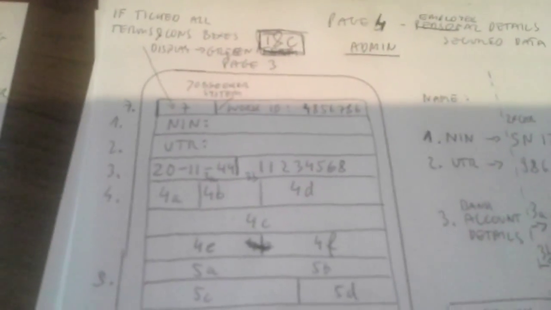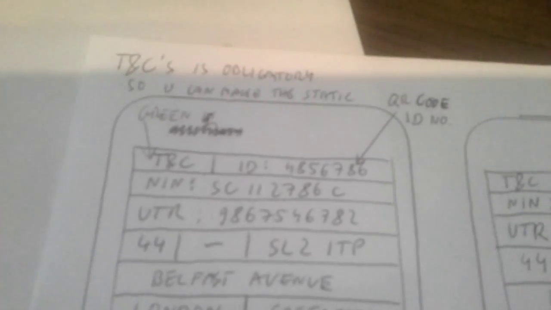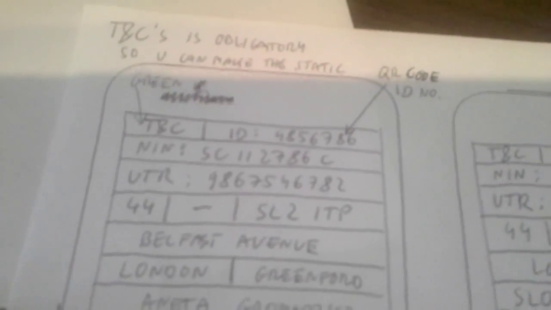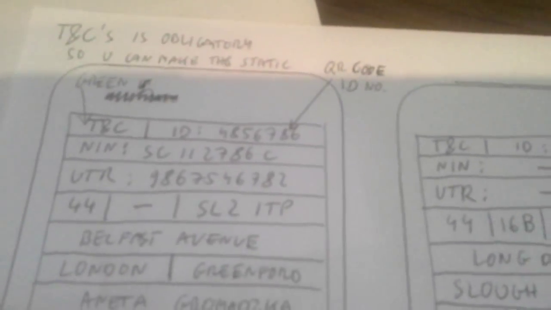Okay, so national insurance number. So this is the form field, right? You put the label, like this is field 1, so it's already filled: NI, UTR, and I forgot to put bank account, so NI, UTR, and bank account over here. Bank account in UK is sort code 201144, and the account number is 112345668, so 8 digits.